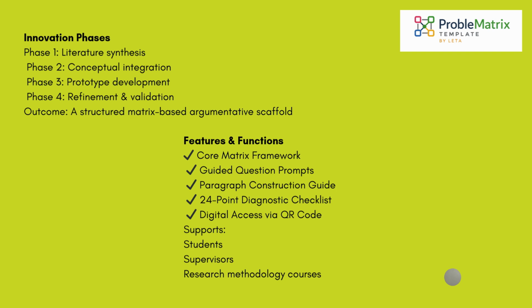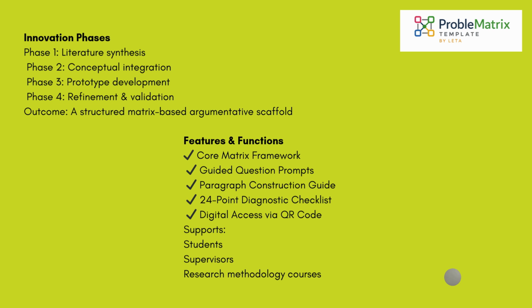We also adopted integrative literature at this stage, followed by phase two, which is conceptual integration. This is where the magic happened. We realized that the problem wasn't a lack of frameworks, it was a lack of alignment. So we integrated structure, rhetoric, and justification into one system or scaffold.